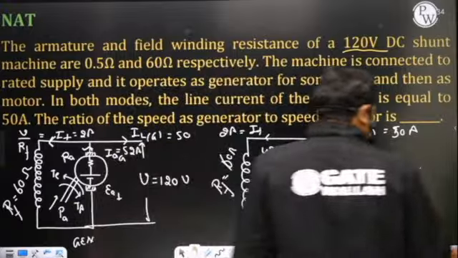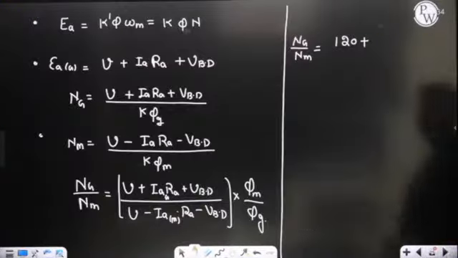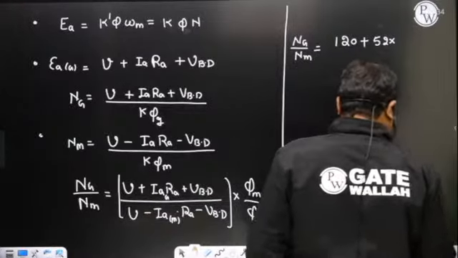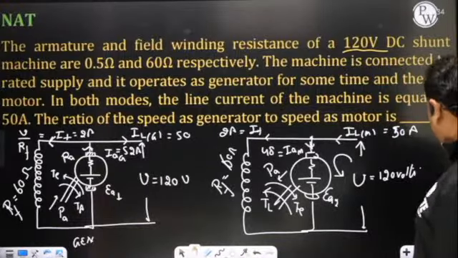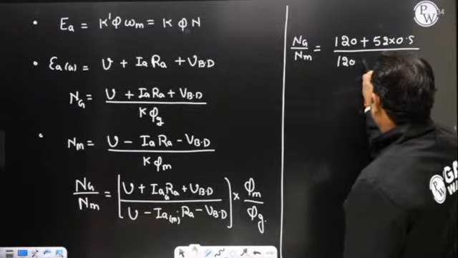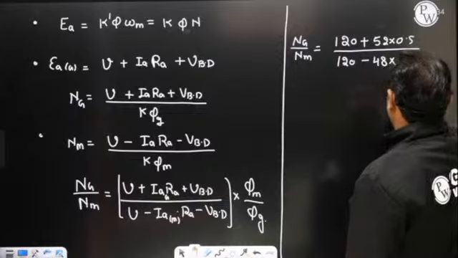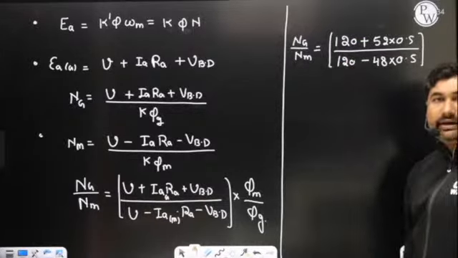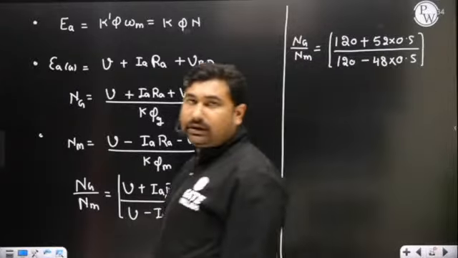Yes, sir. So you can easily write here, 52 into RA, which is also given to you 0.5 ohm, by 120 minus 48 into RA. What about VBD? It is not given, you can neglect. What about flux?